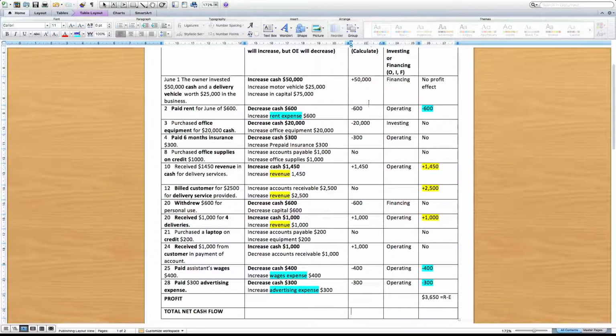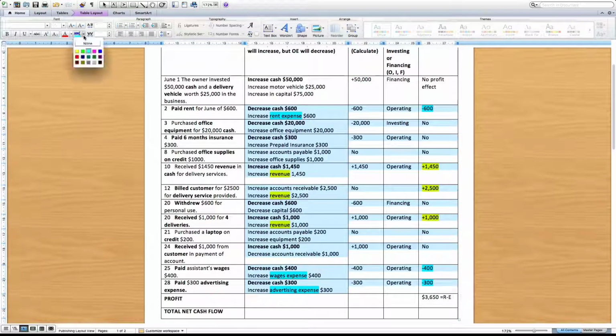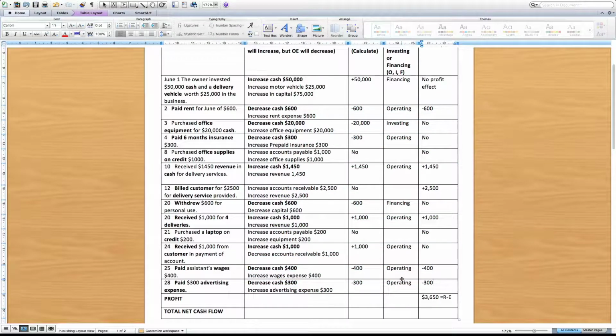So next step, we'll calculate our total net cash flows. So here you want to take all of your positives. Got net cash flow, we want our positives, 50,000 plus your 1,450, plus $1,000 plus $1,000.